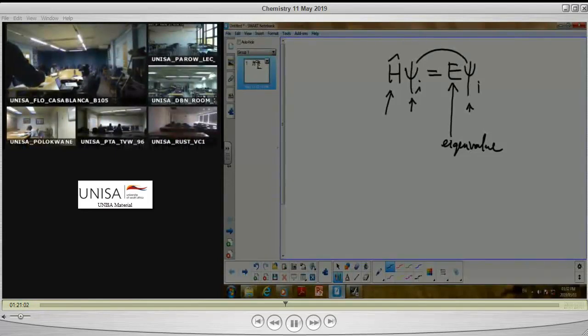Now, let us suppose we're looking at a free particle. First, what is this Hamiltonian? The Hamiltonian is an expression, an operator. It's a mathematical expression.